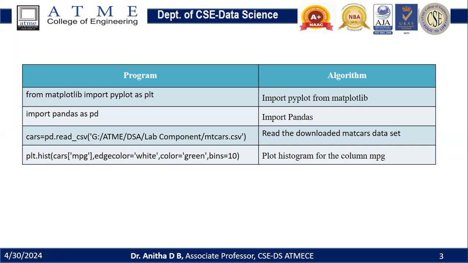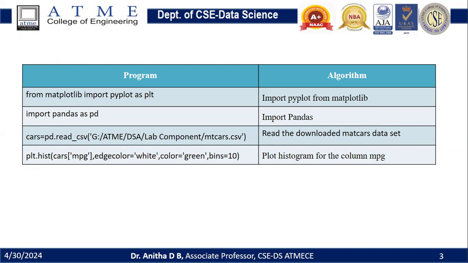So the syntax is plt dot hist, then cars of mpg, that is cars is nothing but we have stored the data set mtcars.csv in the variable cars, and it has many columns and many rows, and as per the statement we need to plot the histogram for only one variable, that is mpg. So cars of mpg will give the histogram of mpg variable of mtcars.